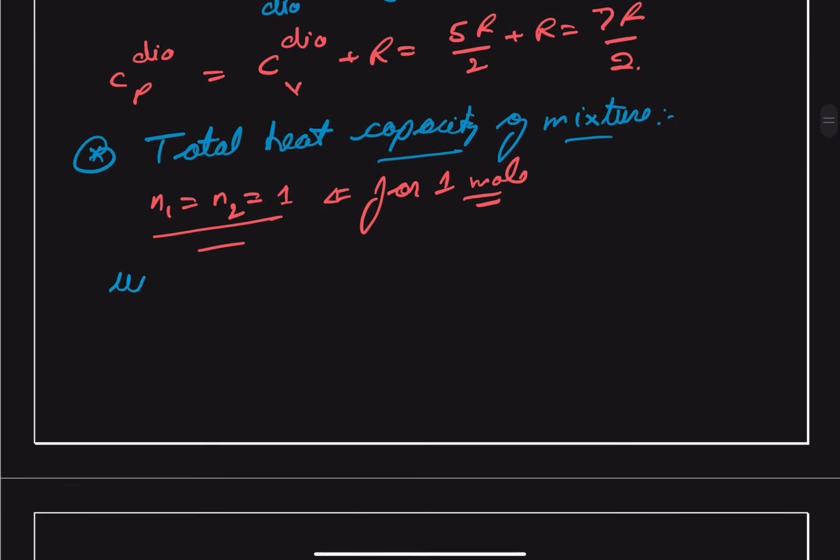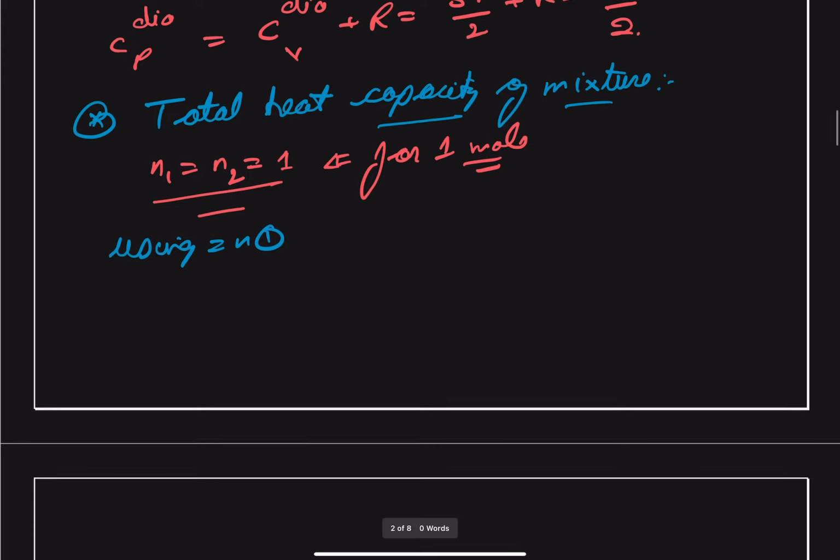Using equation 1, we get Cv of mix equal to 1 multiplied by 3R by 2 plus 1 multiplied by 5R by 2, and this comes as 8R by 2, which is equal to 4R.